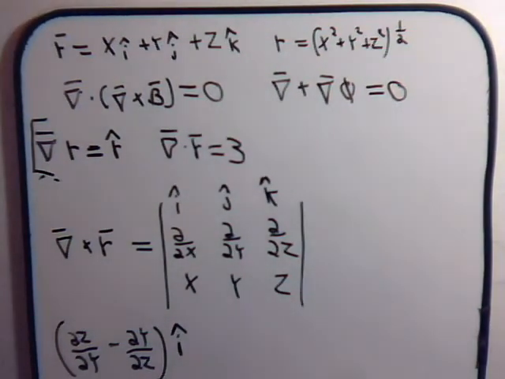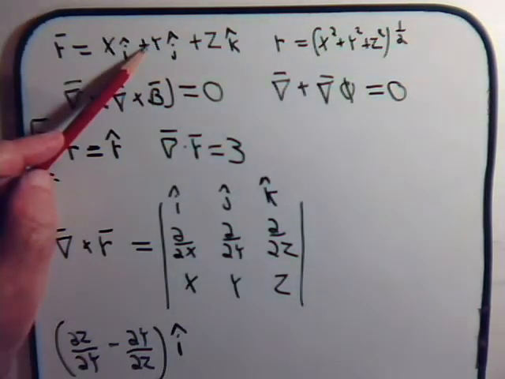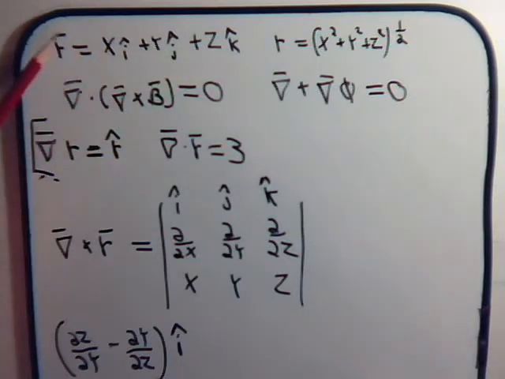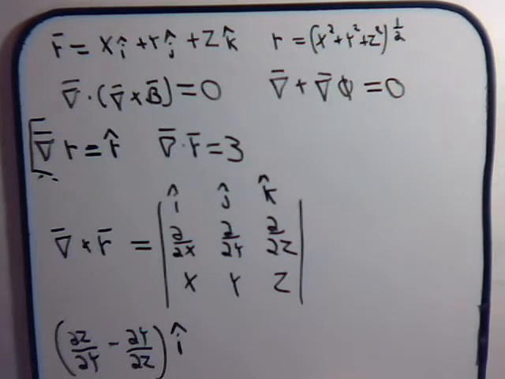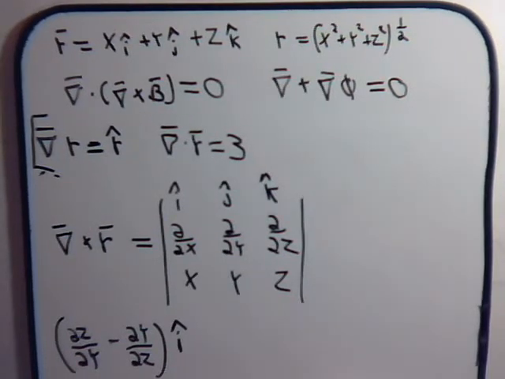Here, for the position vector, you're at some point in space, so you're going to have a certain x value, a certain y value, and a certain z value for our position vector. And we have this expression here, the partial of z with respect to y. Well, there is no partial of z with respect to y. So this is 0. Likewise, the partial of y with respect to z, there is no change in y with respect to z. So that's 0.